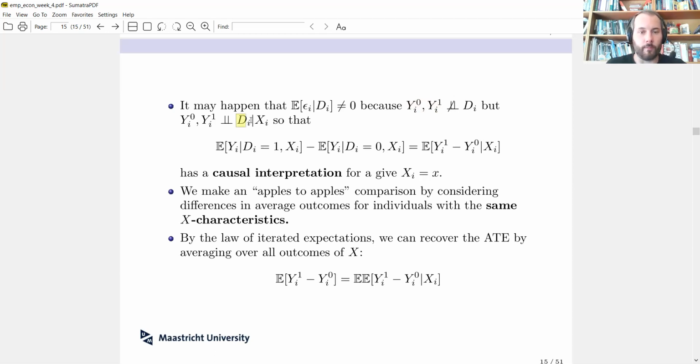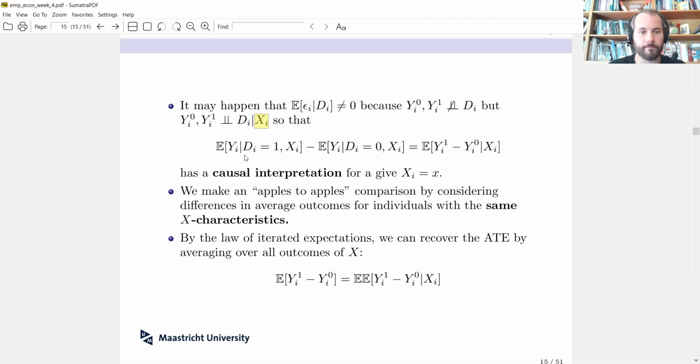However, once you control for the X variables, the treatment indicator can be regarded as independent of the potential outcomes. Once you condition on X, meaning once you fix a particular characteristic, for all the people that have that characteristic, the treatment is randomly assigned.